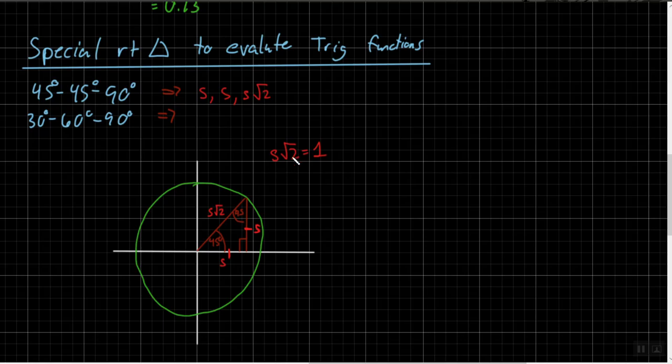We're going to divide by the square root of 2 on both sides. All I'm trying to do is get S by itself. It's all S. There's no 5. Every single one is an S.